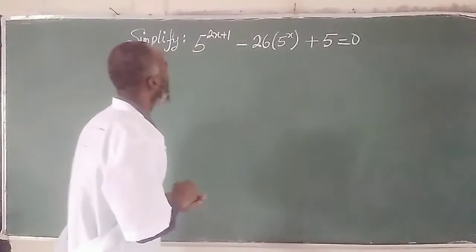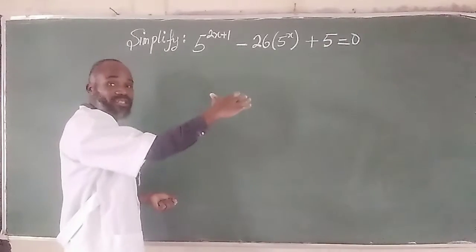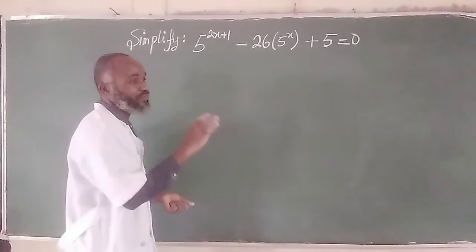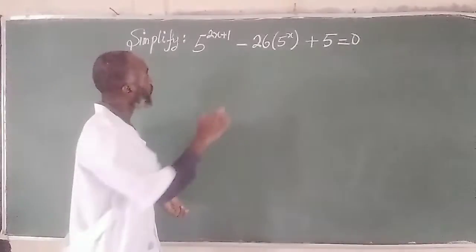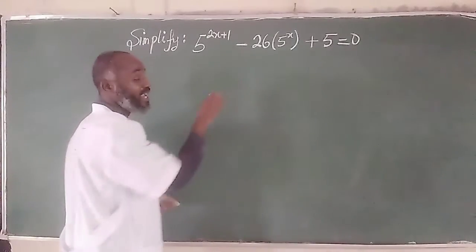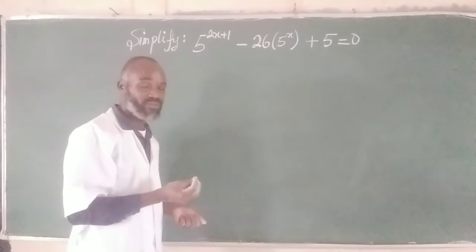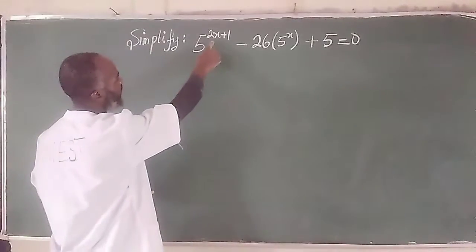So even though it looks almost the same as the first one we solved, there is a slight difference that we must observe for us to be able to solve this and arrive at the appropriate values. Okay, the first thing we need to do is to analyze this.